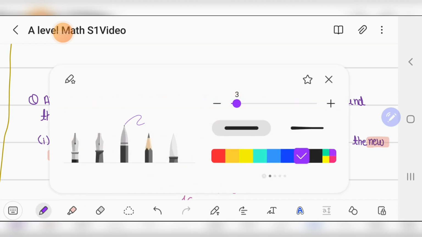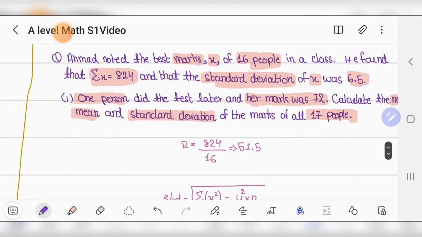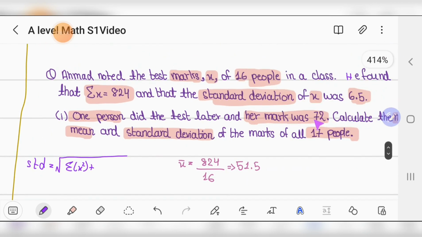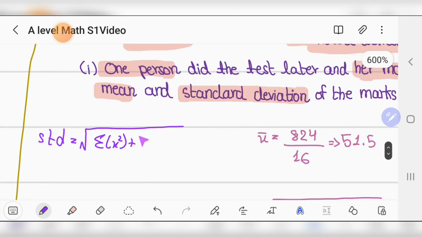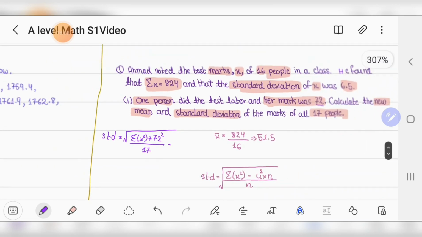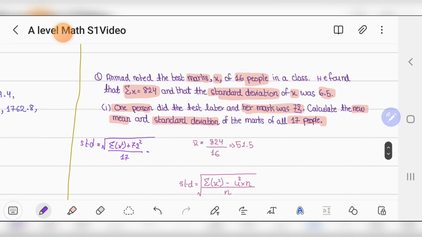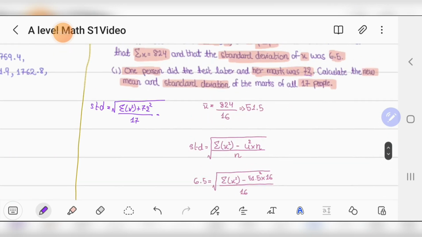For the standard deviation, we could just do like this, that std square, and since we got this 72, we're going to use this and we're also going to square it. So 72 square upon 17 minus mu square, where we're going to use the new mean, and the new mean is 52.71.